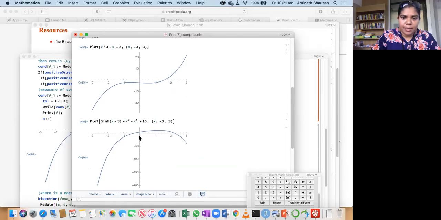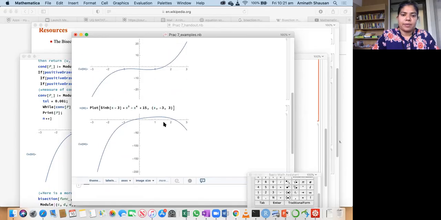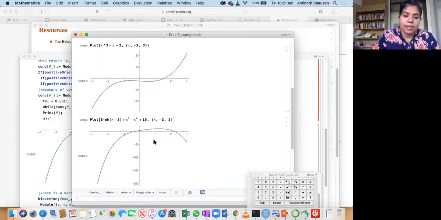One is between -1 and 0. The other one is about 1.5 to 2.5. That's a good start. So always have a look at the function. Plot the function before you start the method, just to see where your A and B intervals are.